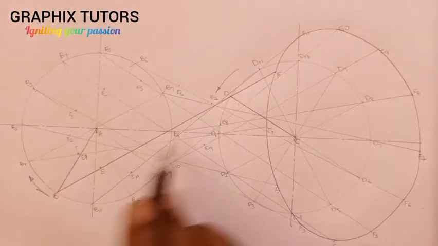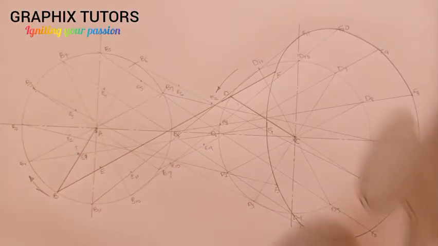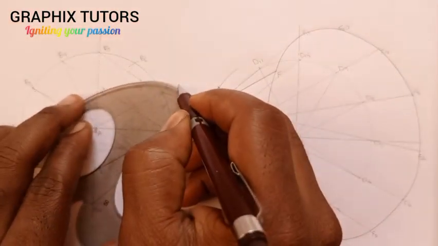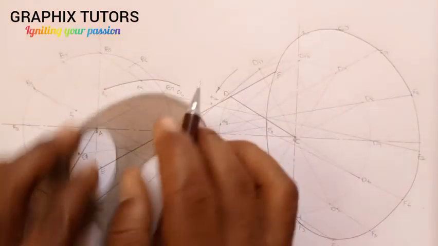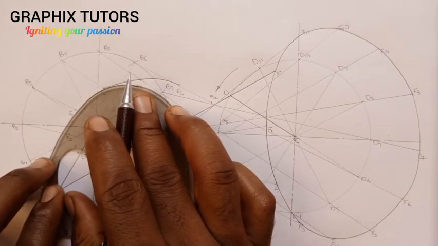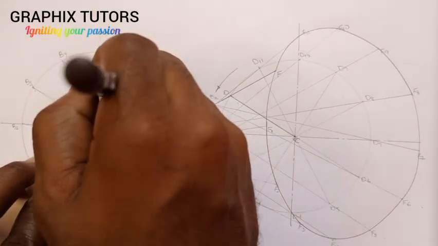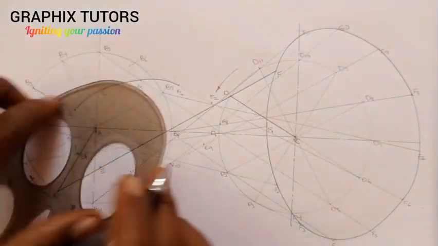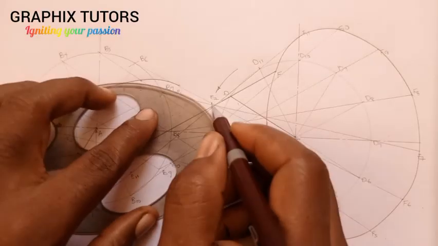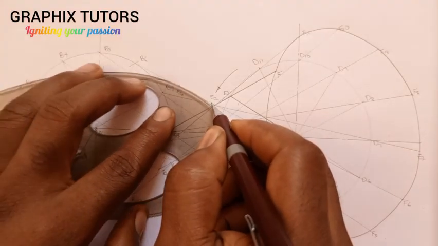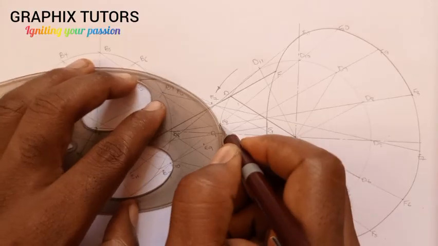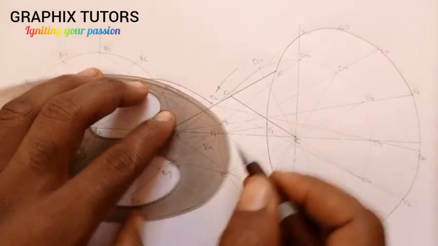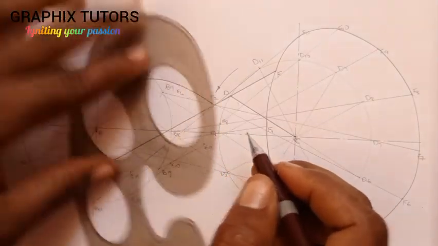Now connect for E. Connecting for E, can decide to take E6, E5 and E4 together. Then I can take these two. Then I can take this. Okay.